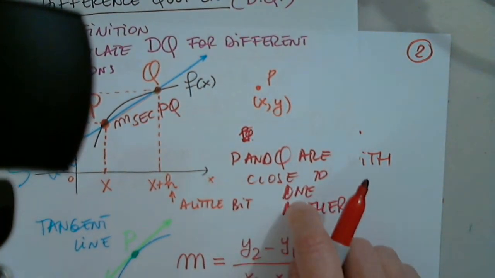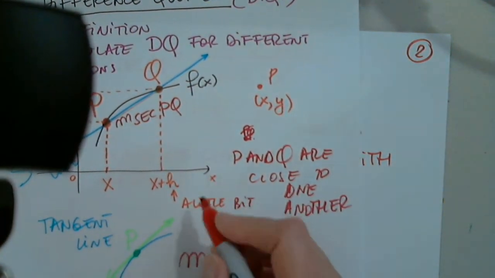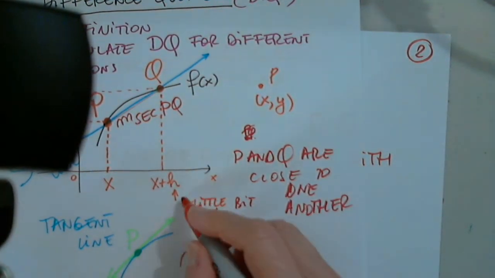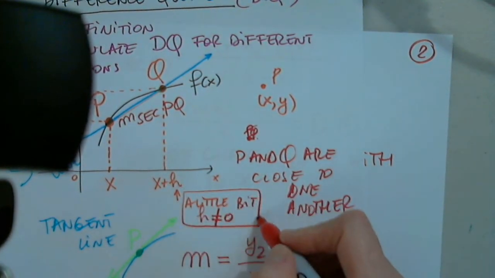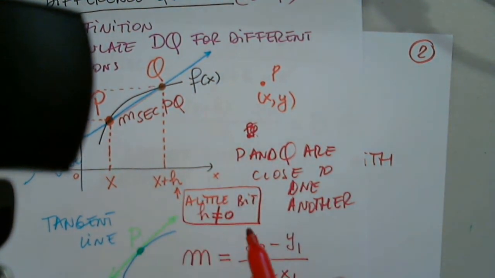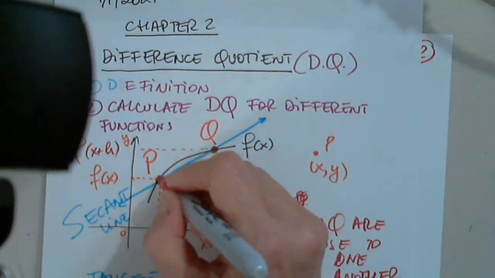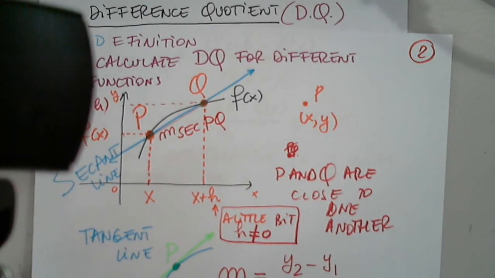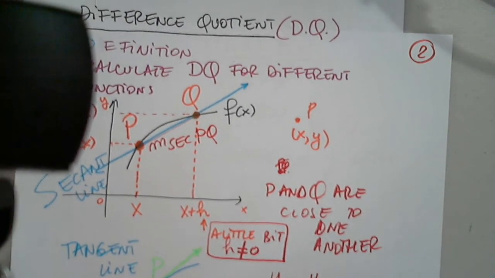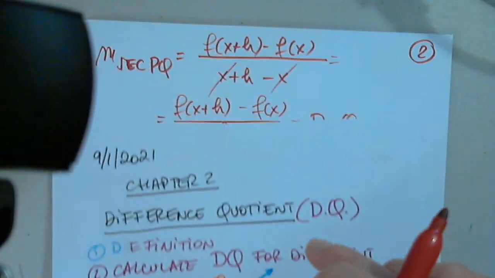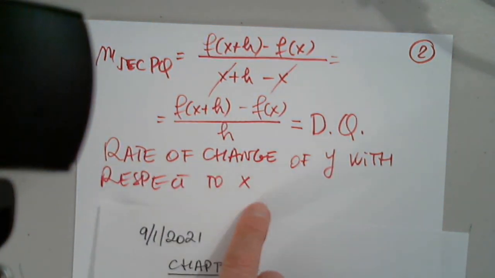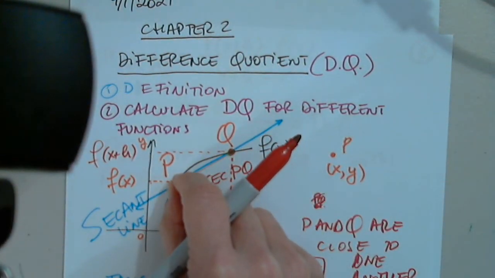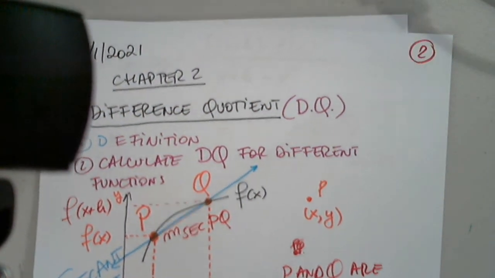They're not identical. So when we say a little bit, we automatically mean h does not equal 0. Please remember this. We really mean h to be a little bit, but not 0. So P and Q are not the same point. This is what we call the difference quotient: the rate of change of y with respect to x between P and Q, being very close to each other.